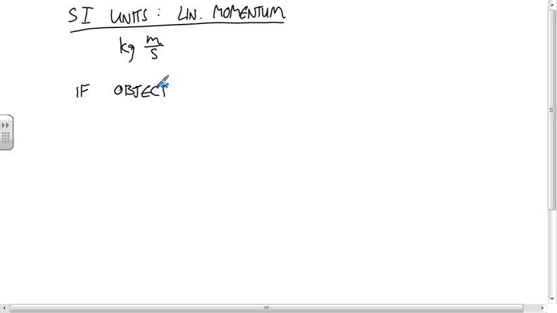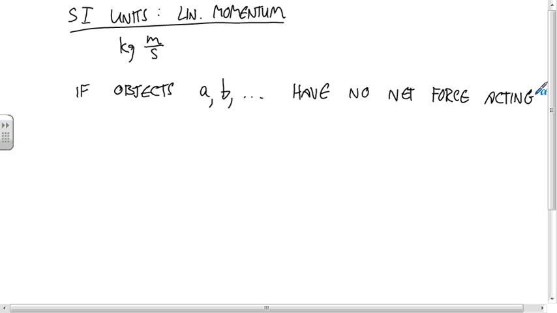If objects A, B, and so on have no net force acting on them, in the chosen coordinate system, then add up the momentums of all of those objects before a collision.